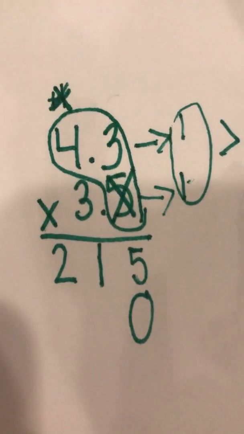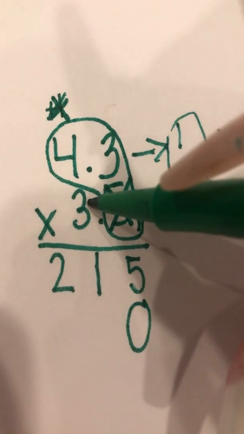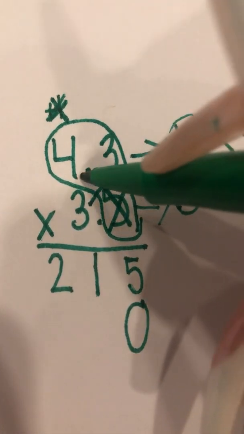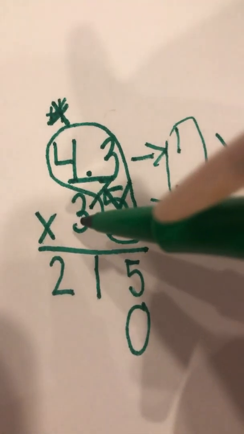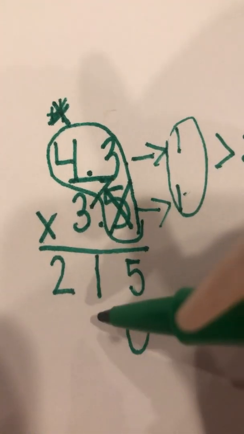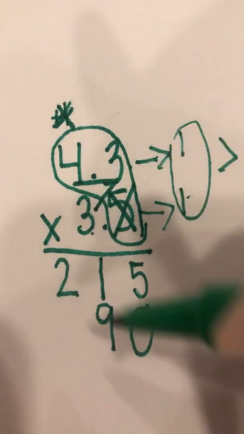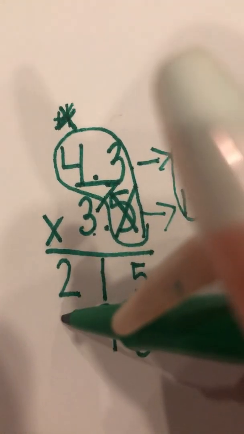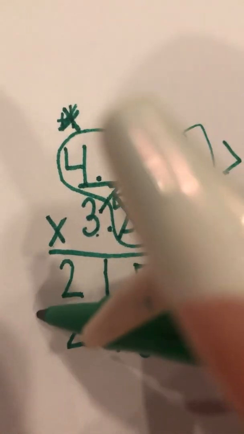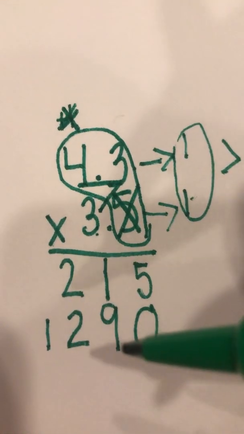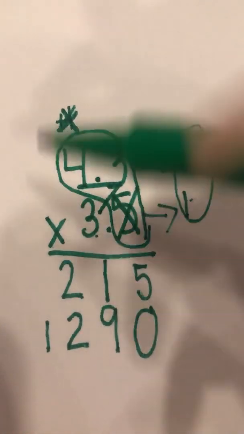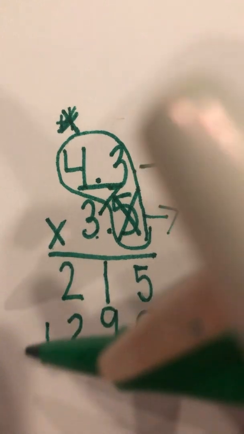Alright, so now that I have 0 the hero, the number 3 is now going to be multiplied to every single number on top. So I'm starting with 3 times 3. 3 times 3 gives me 9. Next, I'm going to do 3 times 4. 3 times 4 is going to give me 12. Notice how I didn't have anything to carry over because there weren't any more numbers over here. So I just brought that 1 down.